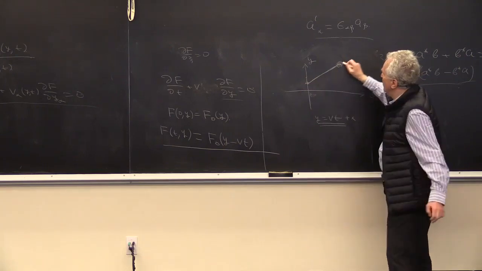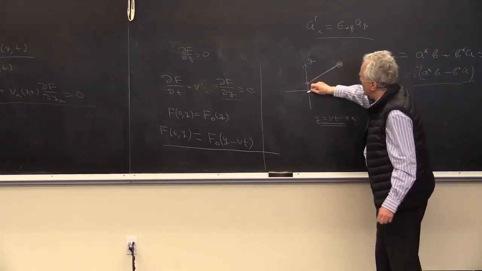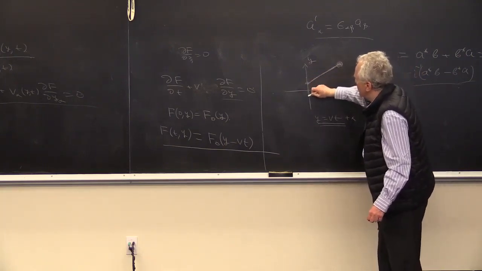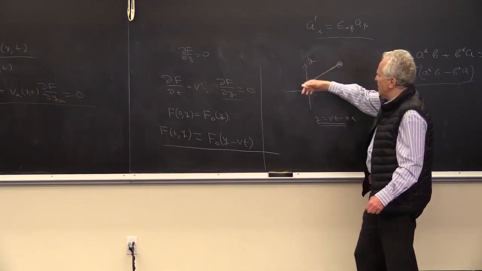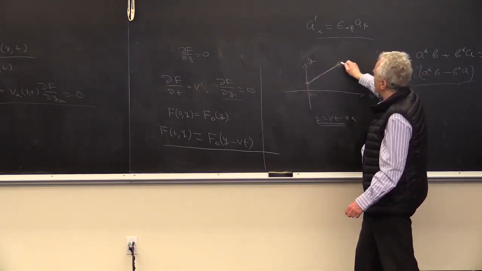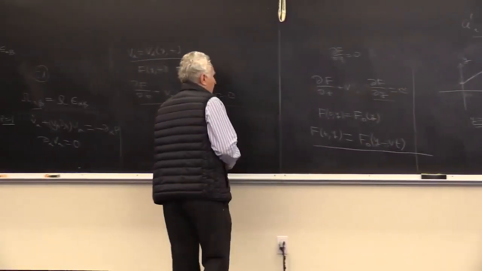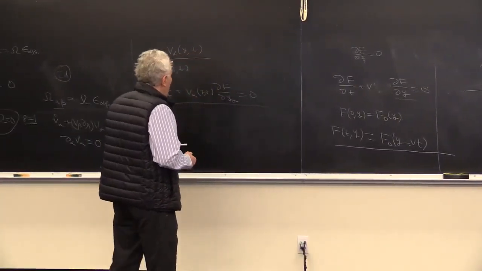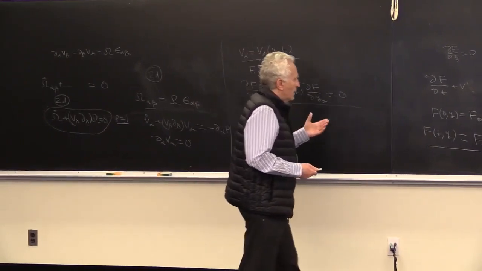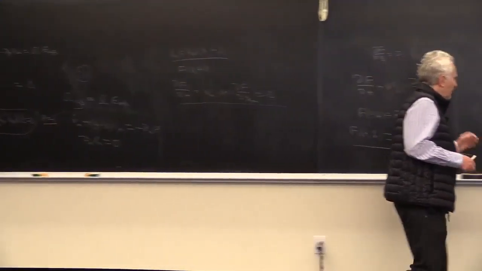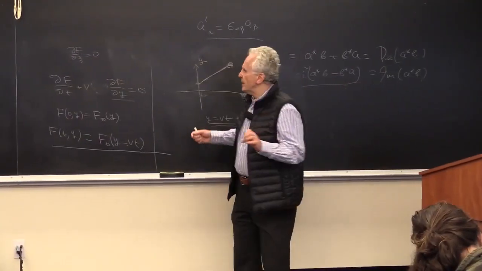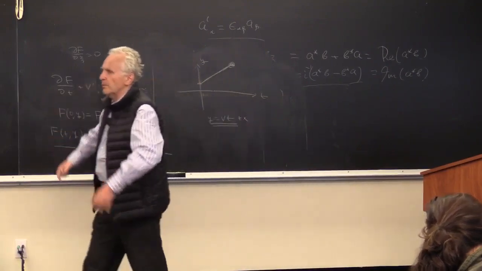You see? So if we had some initial distribution of f, it is simply translated here. And this is the backtracking. And now I'll give you a general answer. So basically you can say that f goes with the flow.